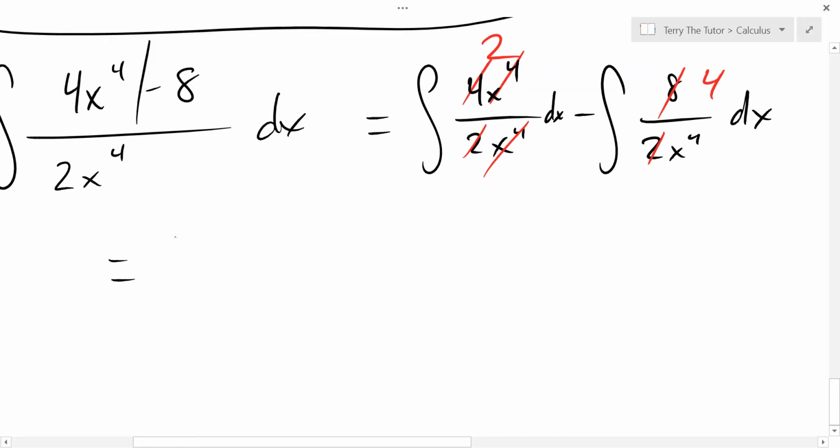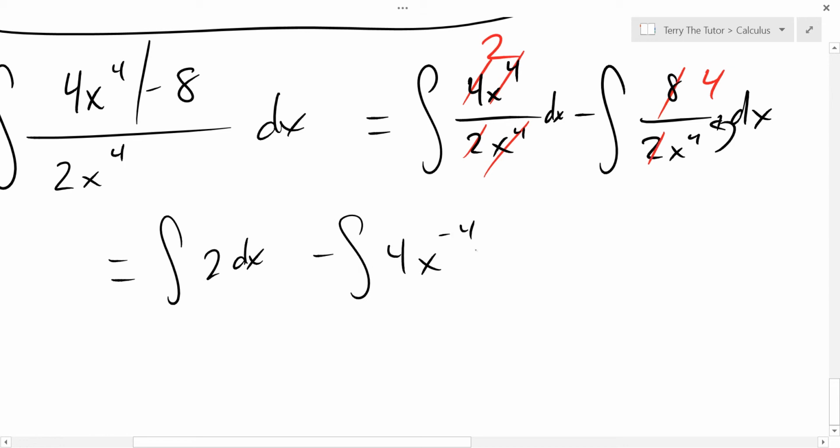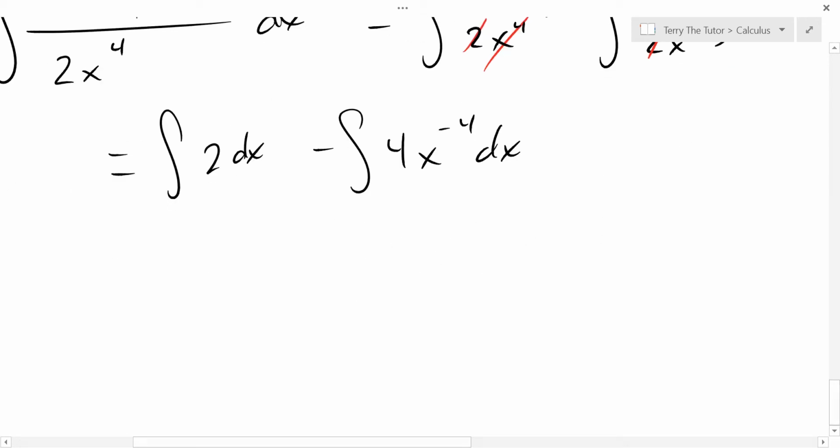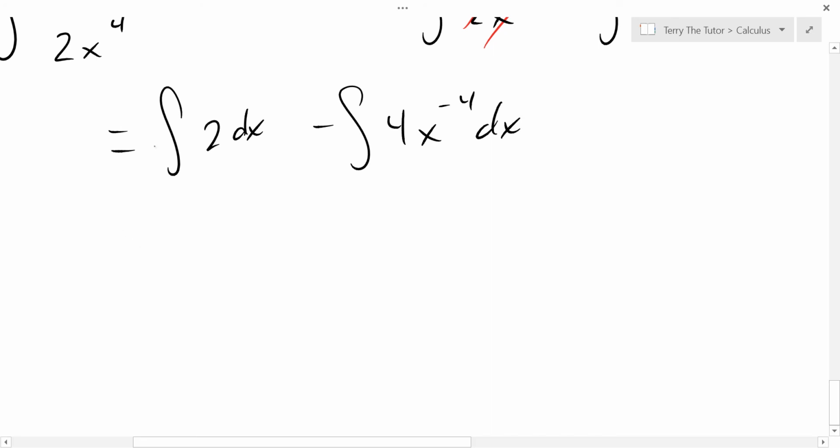Awesome. So we've got the integral of 2 dx minus the integral of 4x to the negative 4th dx. So we've got our answer being 2x minus, we've got plus 1, so that's going to be divide by negative 3.